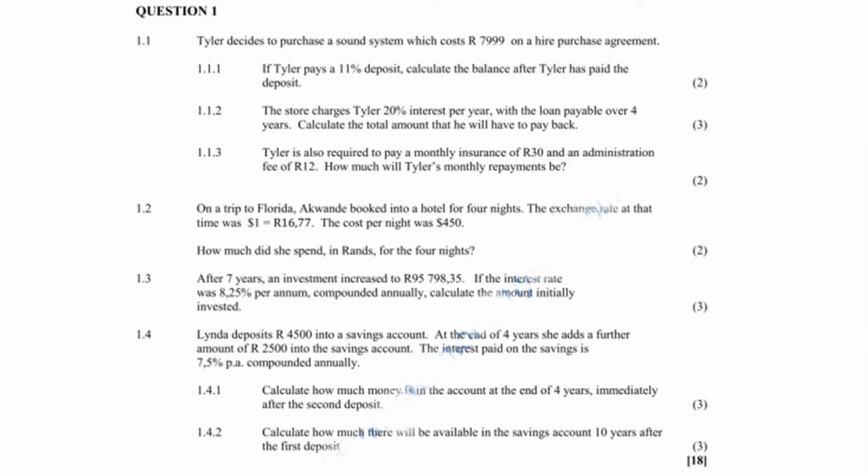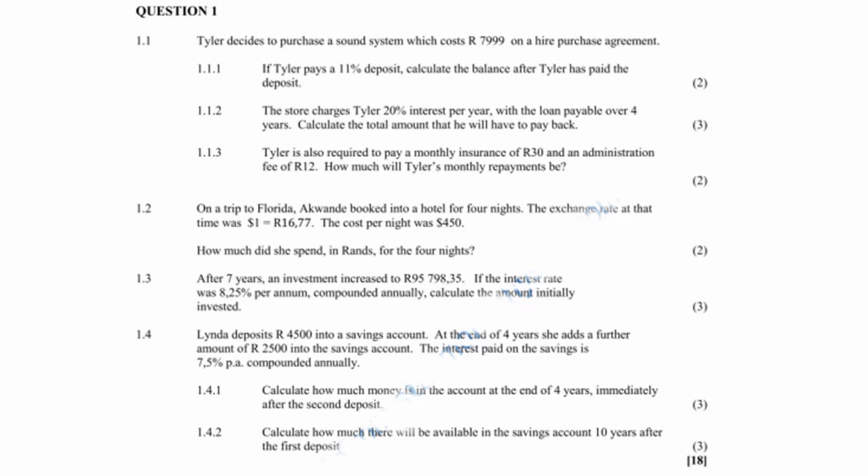1.3, after 7 years, an investment increased to 95,798 and 35 cents. If the interest rate was 8.25% per annum, compounded annually, calculate the amount initially invested.